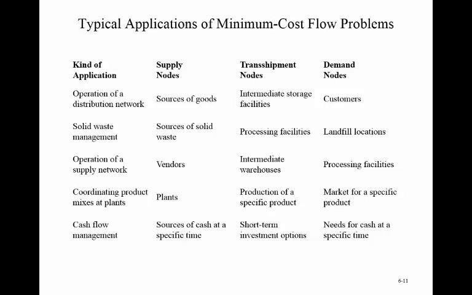So part of what you can model into a minimum cost flow problem is you can have it help you make decisions in terms of which products should actually be produced at which plants. So you're bringing, in some cases, raw materials together, but then you're making them into products, which then become a source node for the finished product distribution side of the problem.